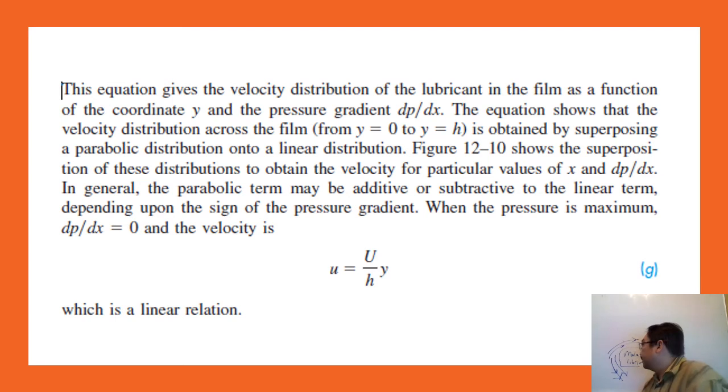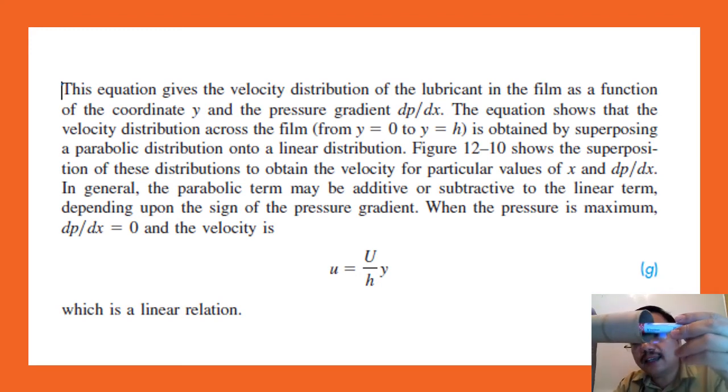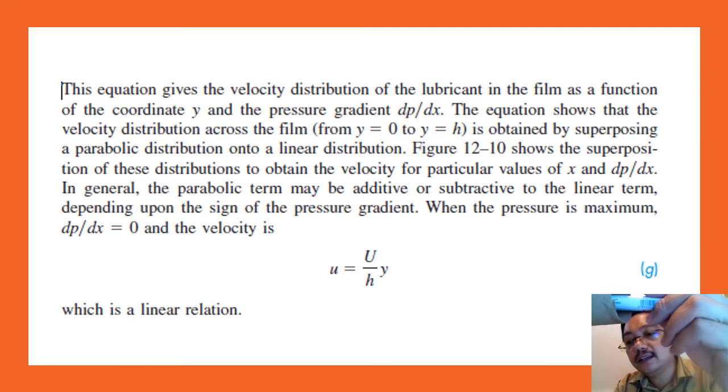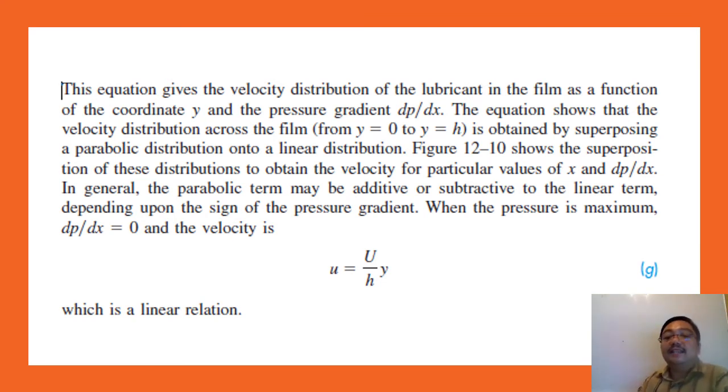Meaning that if you can imagine this is the journal. This is a gap between the bottom of the bushing and the journal. Let's say this is the gap. You can see here the gap, that is h.